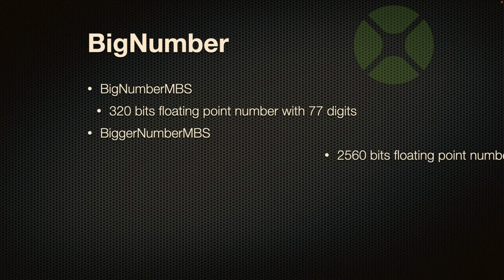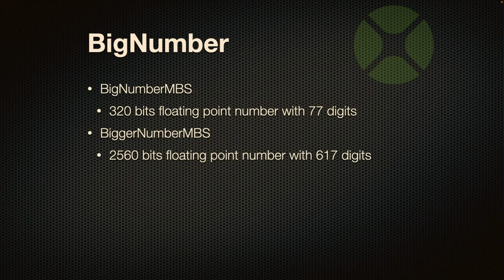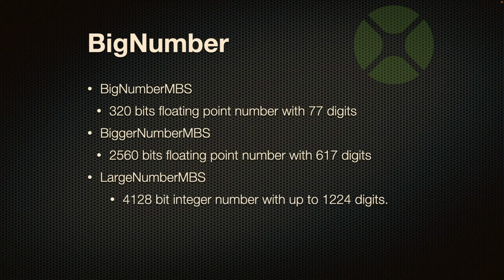And this one got 2,000 bits, 600 digits. Should be enough. And then people say, oh, we want to do integer math. OK, so we got a large number with a 4,000-bit number. All these number classes are optimized. So if you have smaller numbers, they, of course, use fewer bits and don't calculate all the zeros on the front.